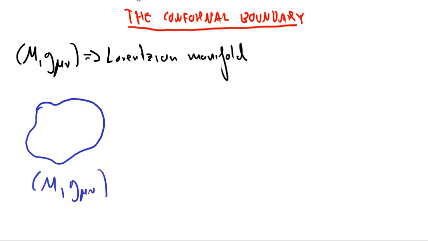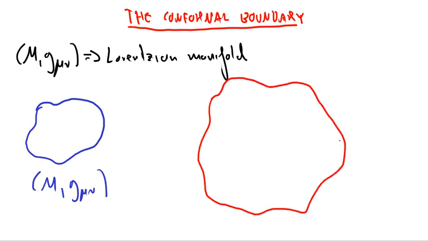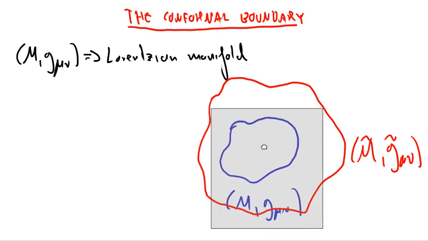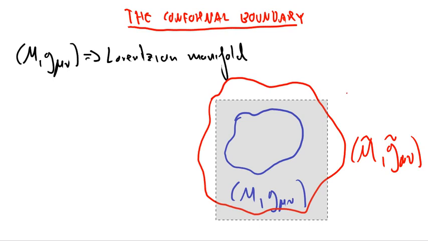And then we are going to choose a bigger manifold, a bigger Lorentzian manifold, so this is going to be a bigger space-time, and we just take our space-time and put it inside the bigger Lorentzian manifold.